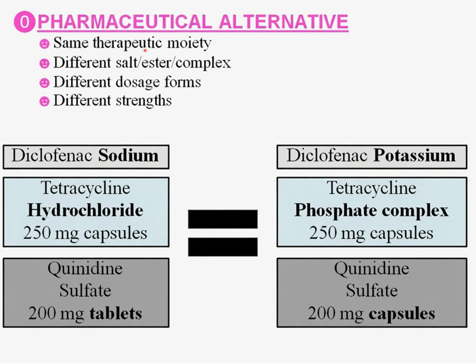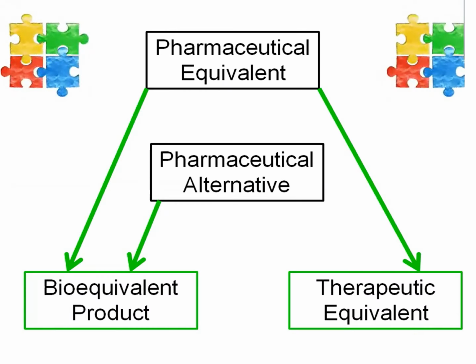So these are pharmaceutical alternatives. Then tetracycline hydrochloride and tetracycline phosphate. Then quinidine sulfate tablet and quinidine sulfate capsule. Here is a tablet and here is a capsule. For any drug to be pharmaceutically equivalent, they must be bioequivalent as well as therapeutically equivalent.